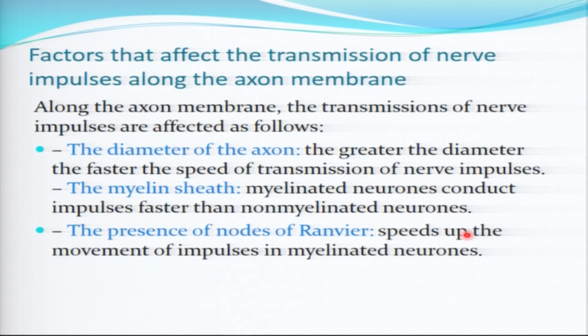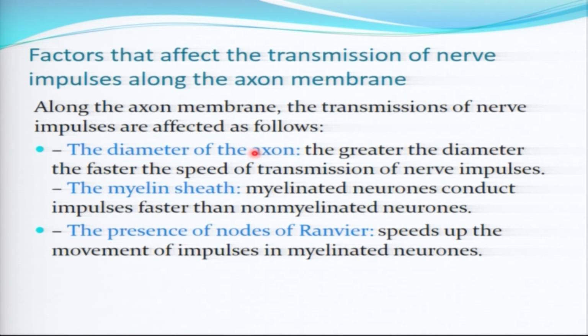So, as I have said, we have the factors that can affect the transmission of the nerve impulse. When the impulse is passing across the axon membrane, what can cause the impulse to be carried at high speed? We have the diameter of the axon. If the axon has a greater diameter, what's going to happen?